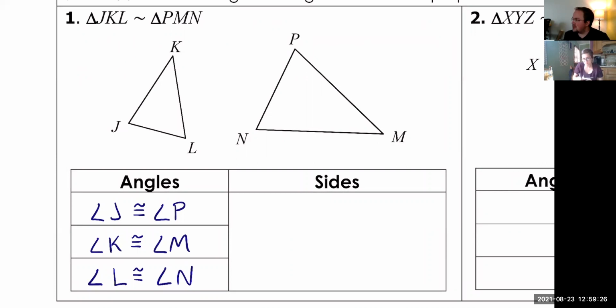It's the same thing we did for congruent triangles. What is different, however, is how we set up our proportion.